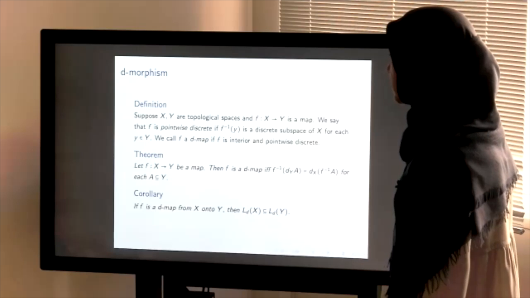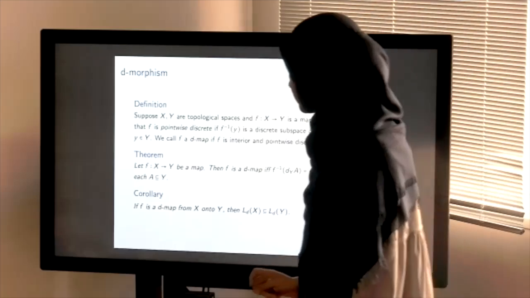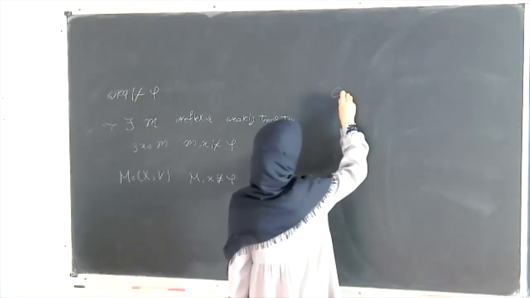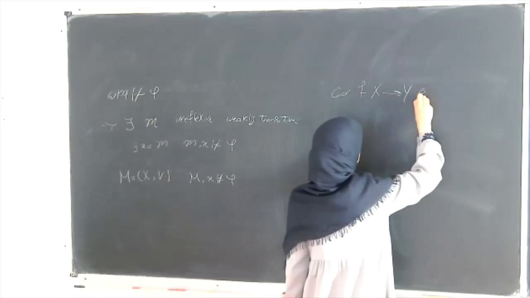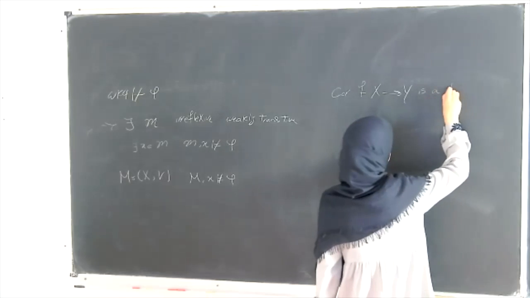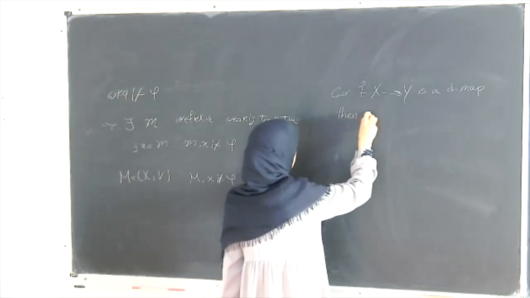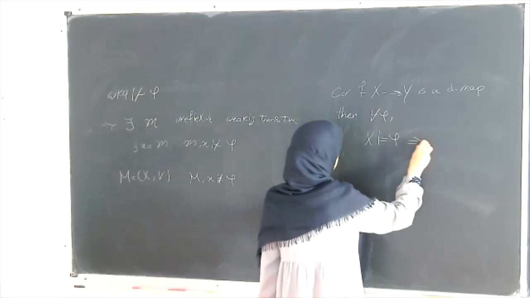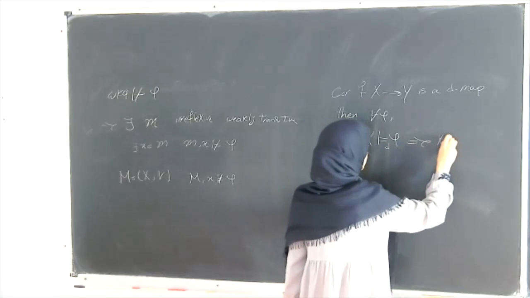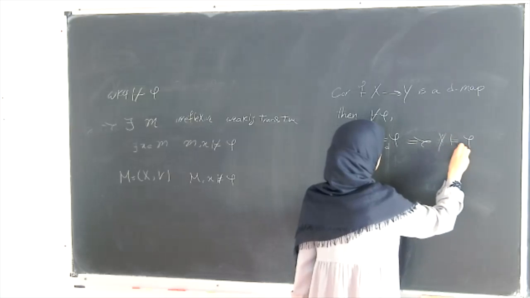Then we can prove that the validity of formulas is preserved by this notion. I can write this corollary in this way: if f from X to Y is a d-map, then for any formula phi, if phi is valid in X, then phi is valid in Y too.